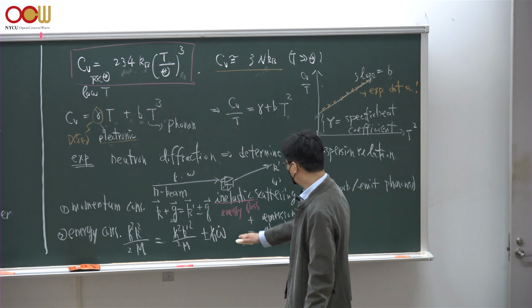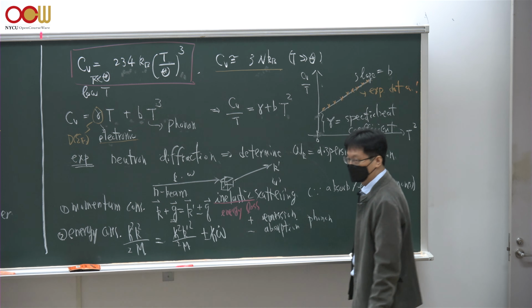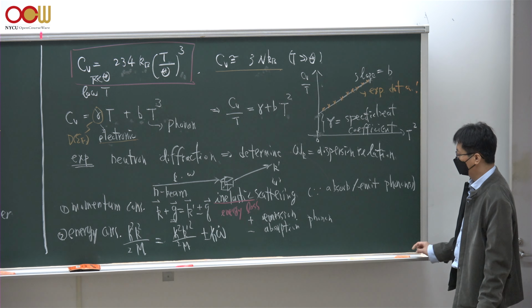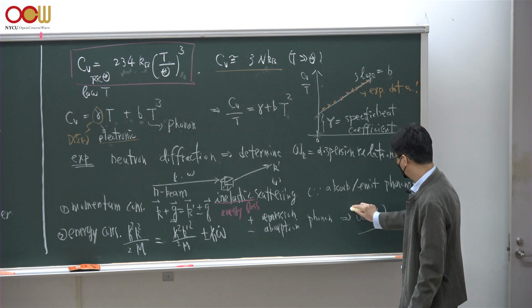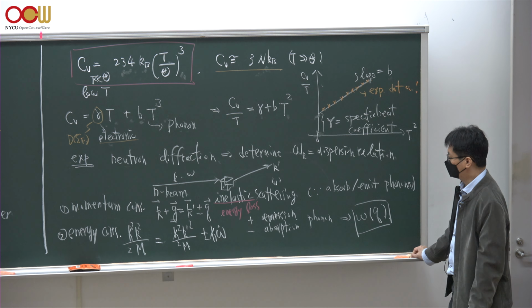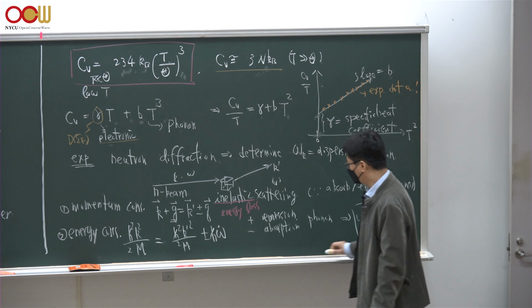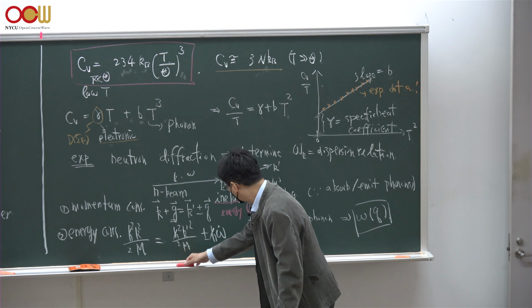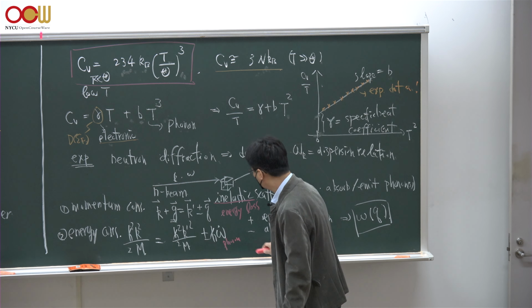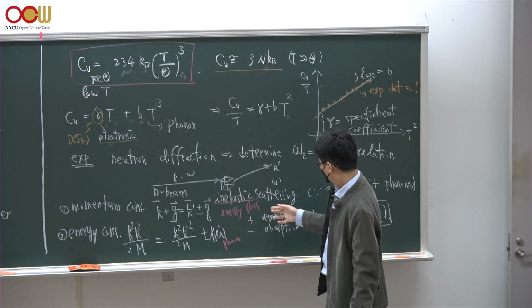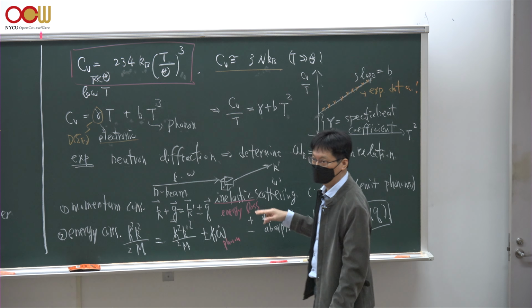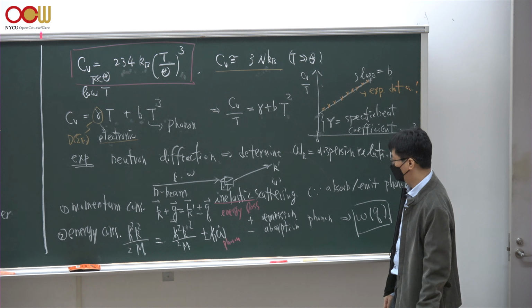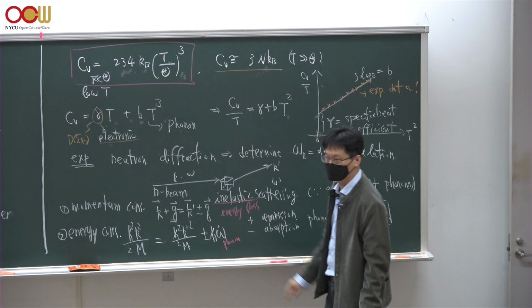So you could easily solve these two conservation laws, and then you get omega as a function of q. That's the way to experimentally determine this phonon dispersion. Of course, this omega is the phonon frequency here, and the phonon frequency is related to this omega prime again by this momentum and energy conservation.